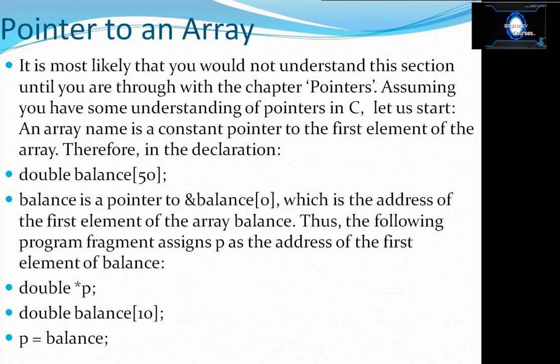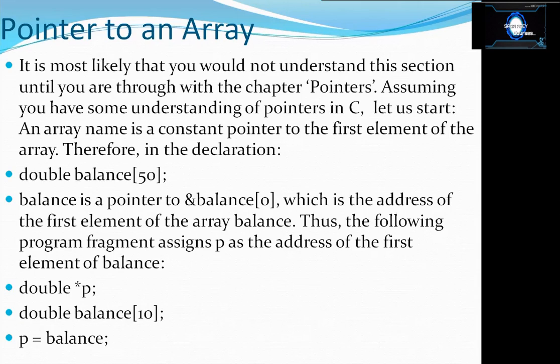Now, pointer to an array. It is most likely that you would not understand this section until you are through with the chapter on pointers. Assuming you have some understanding of pointers in C, let us start. An array name is a constant pointer to the first element of the array.